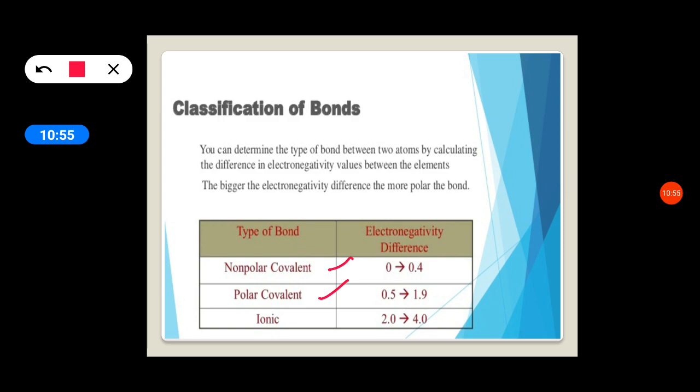If the difference is very large, that is above 2.0, then it becomes an ionic bond, not a covalent bond. So classification of a bond as non-polar or polar covalent depends upon the difference in the electronegativity of the atoms involved in that covalent bond.